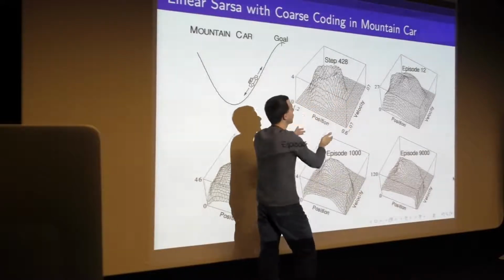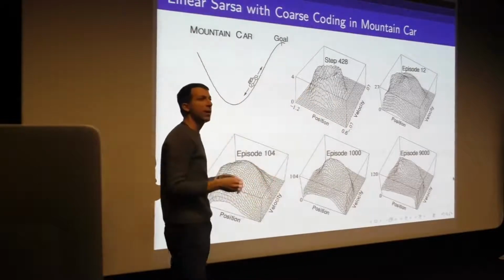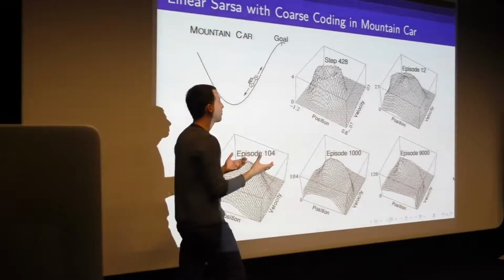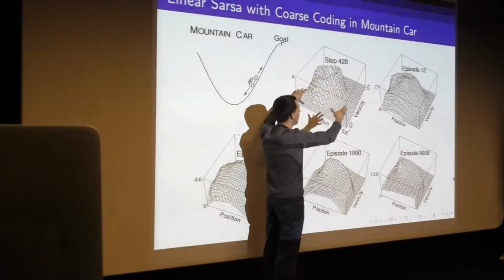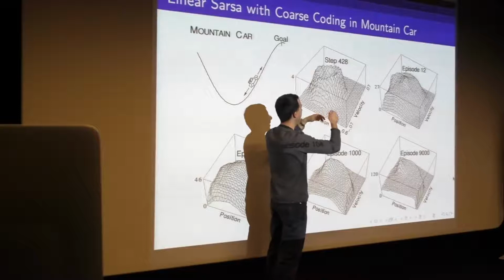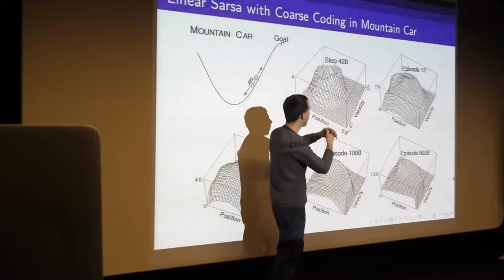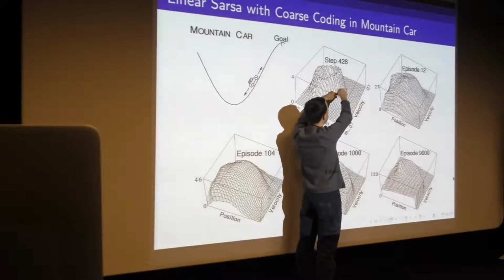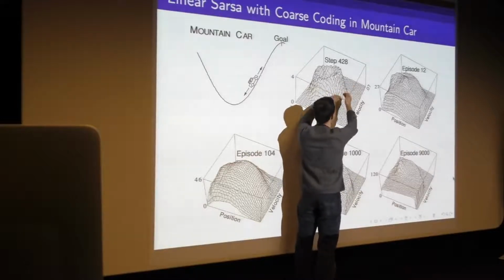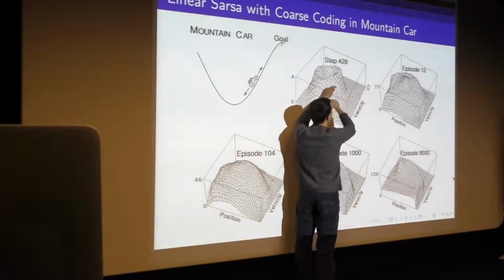The particular function approximator used for this example is what's called a coarse code, which is basically lots of overlapping tiles of different shapes and sizes. Anything which is active, which is on, will be pushed up when a particular state is visited. So you visit a state, and you think, aha, the features which are on are all the ones nearby this.